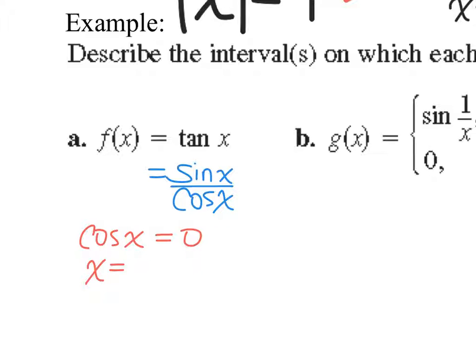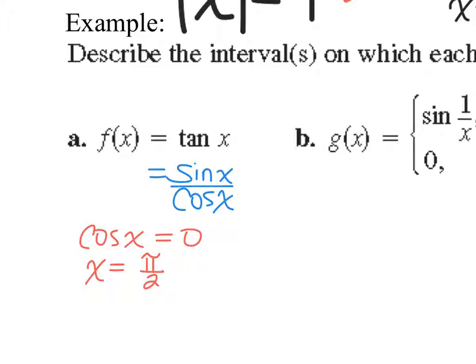When's cosine equal to 0? X equals... 0 would give us a 1. Pi halves, yeah. Then, what's the other one in the 0 to 2 pi interval?